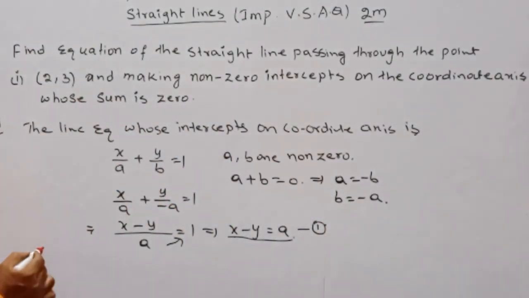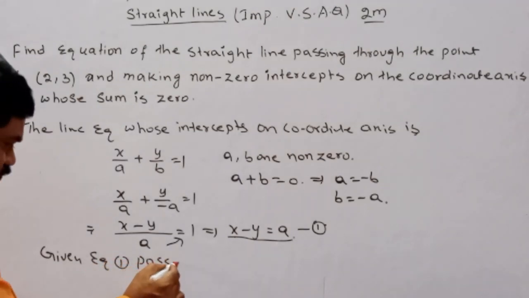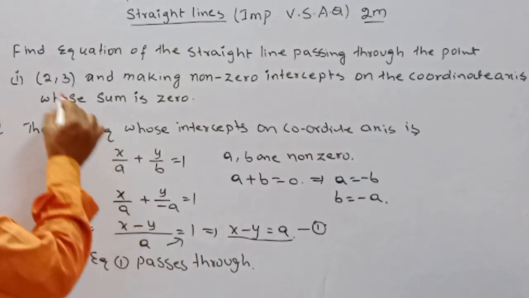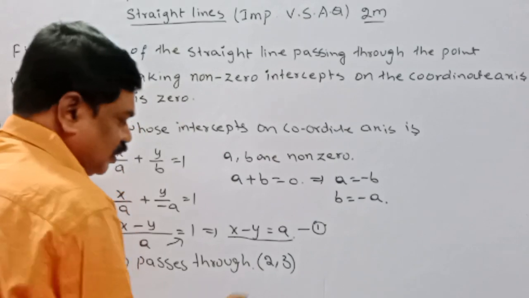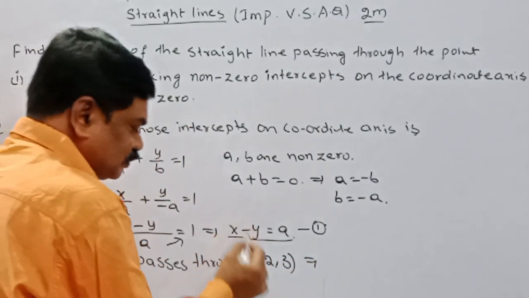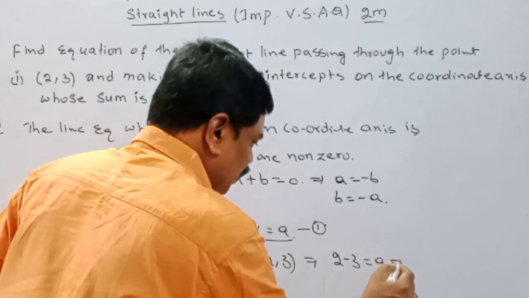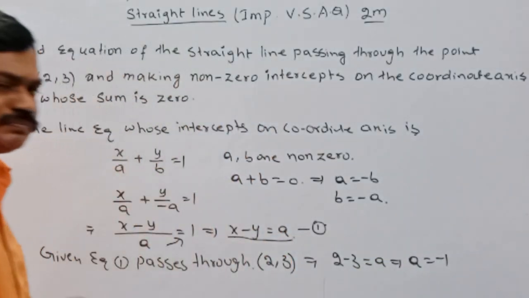And given equation 1 passes through 2, 3, you substitute this value here, 2 minus 3 is equal to a. This is a is equal to minus 1.